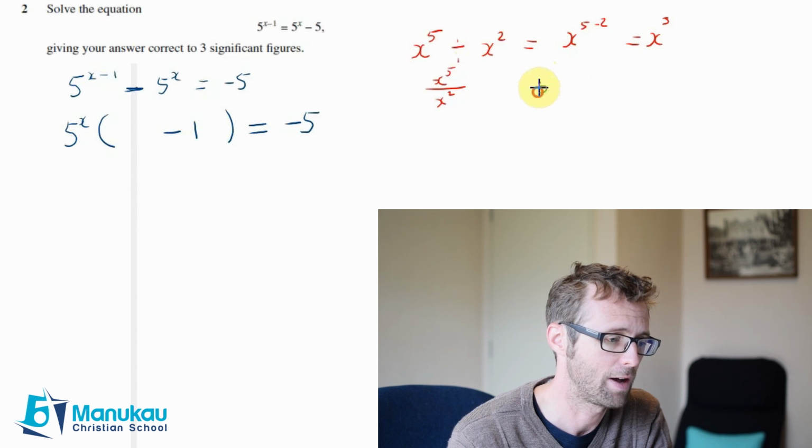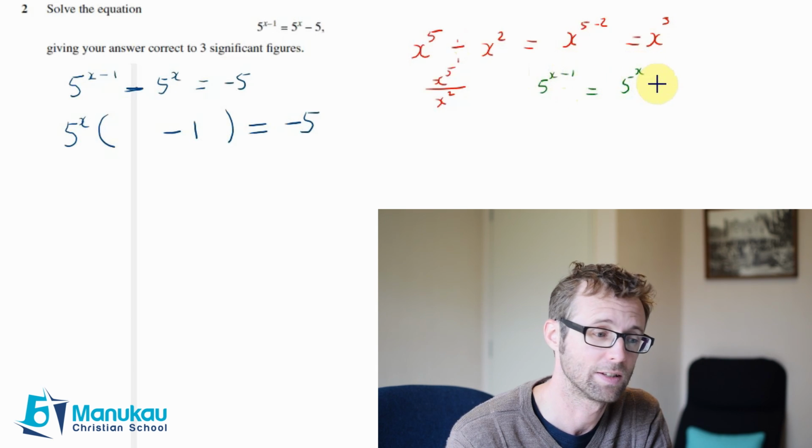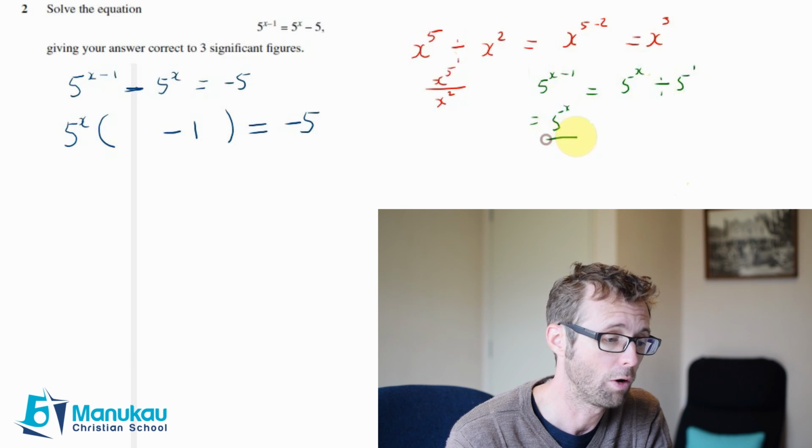We've got 5 to the minus 1. That must be equal to 5 to the power of x divided by 5 to the power of 1. And another way of writing that is 5 to the power of x over 5 to the power of 1.